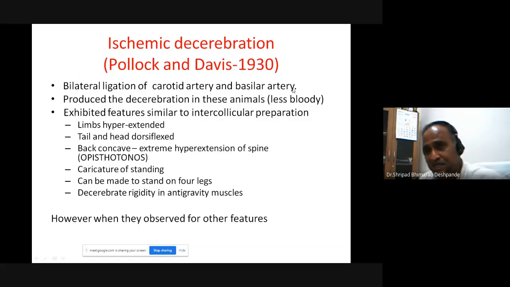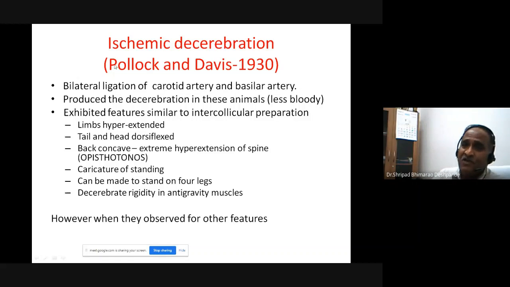You just remember that. Now they wanted to be wiser than him, and they bilaterally ligated the internal carotid artery and the basilar artery. They mentioned carotid artery there, but if you ligate the common carotid artery, it is more devastating.